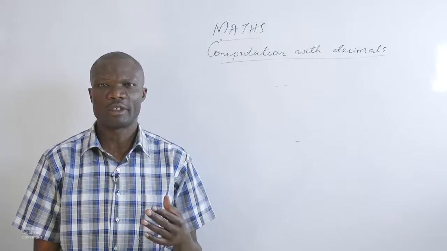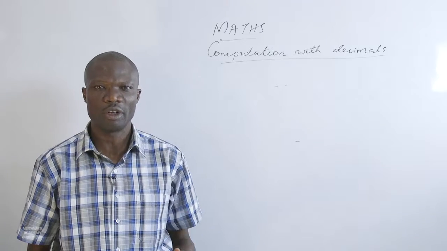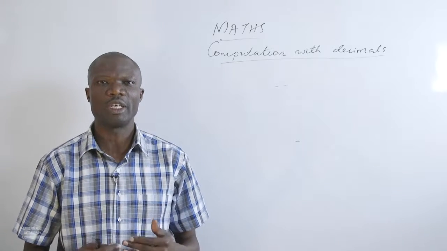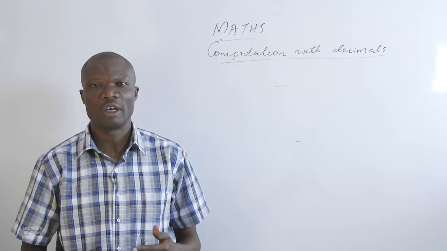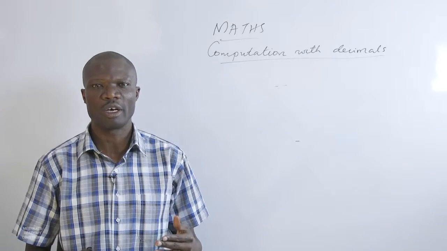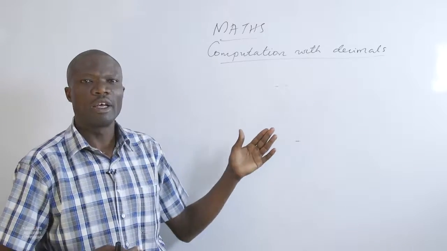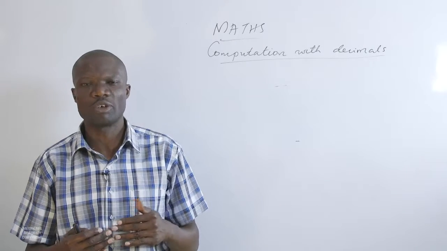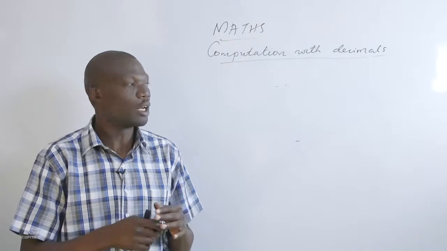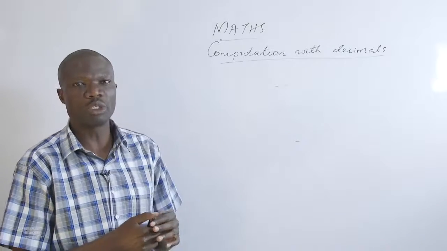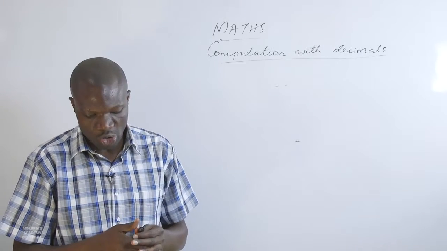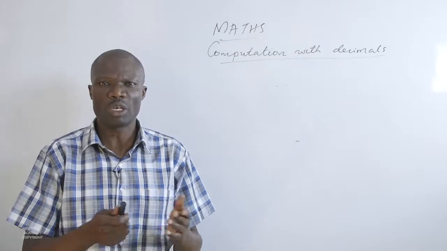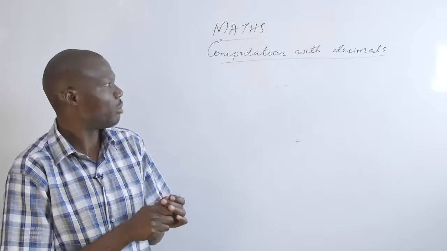Decimals are simply easier to handle when they are handled with the same number of decimal places when you are adding. Now, I want us to look at what it is that we are calling a decimal place.